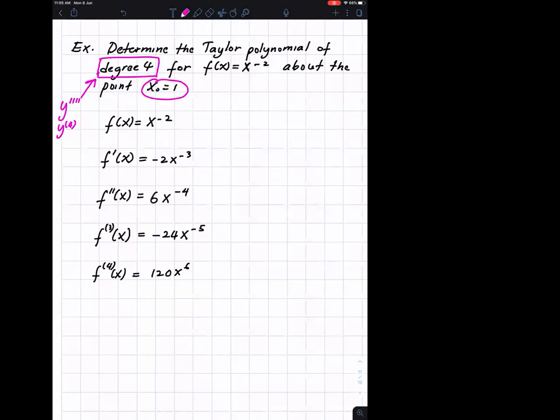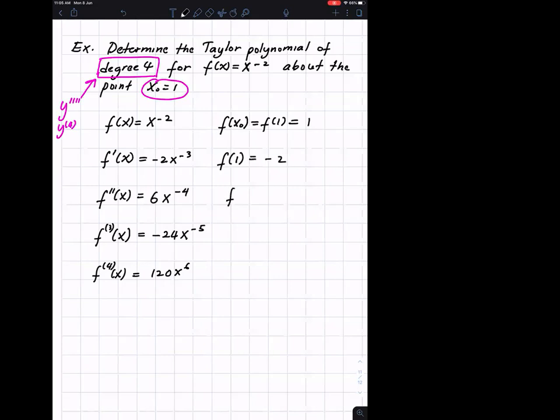The previous 2 problems, you had x not equal to 0. So you plug in, evaluate one by one, x naught, then you evaluate the first derivative at x naught, which is 1, then give you -2.